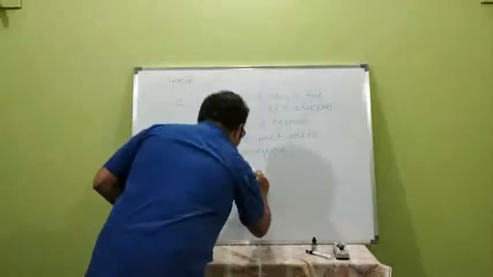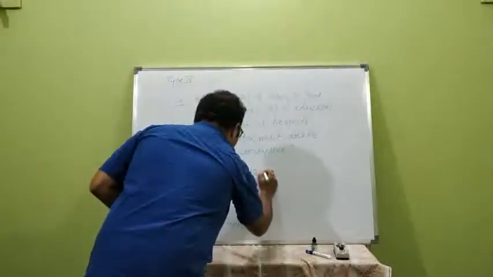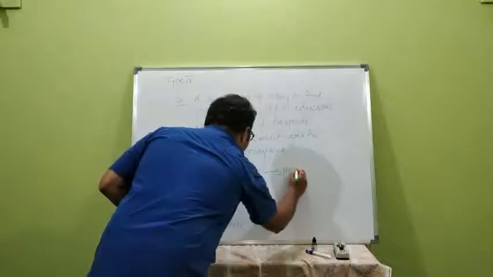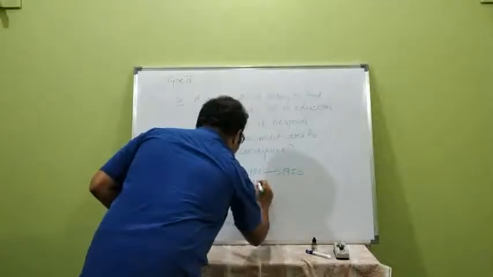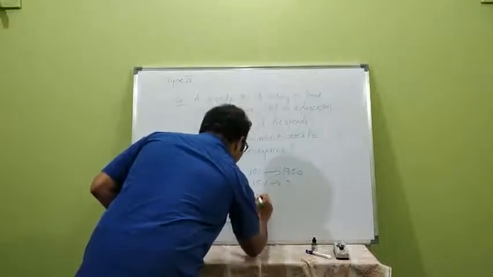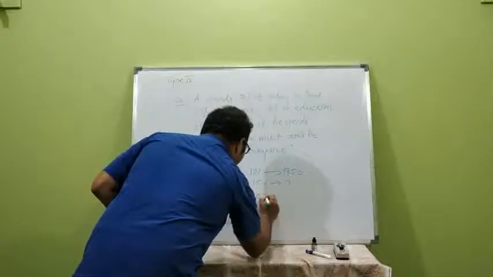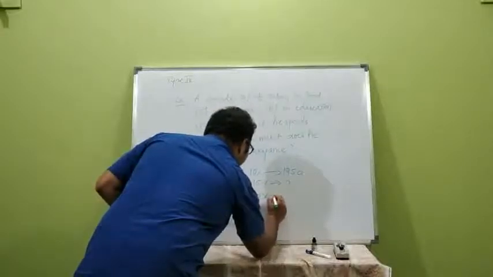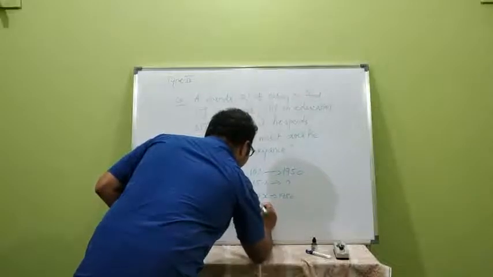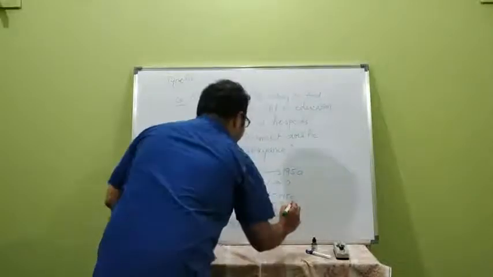Okay, 10% for education is 1,950. 15% is how much? Or else, let's take it as x. 10x is 1,950. 15% is how much?